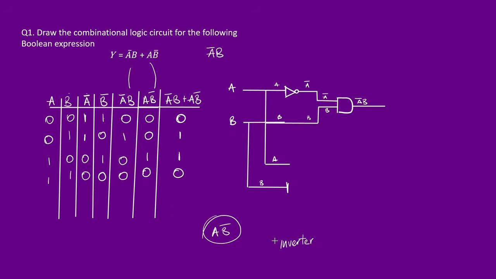Inverter. We NOT this. It's got to be a triangle. So now what comes here? This is not B. And this stays as A. So now we've got not B and A, two lines beside each other.